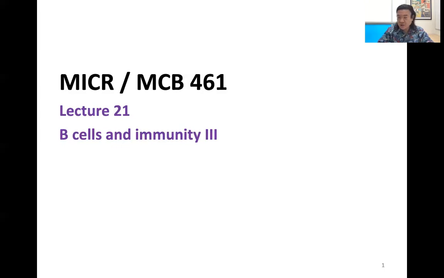Not surprisingly, we'll be talking a lot about things like antibodies, B cells, T cell receptor. But for now, this lecture is going to wrap up our discussion about certain types of mechanisms that specifically get us appreciating how B cells and antibodies play an important role in our immune system.